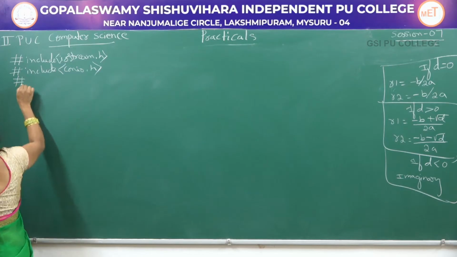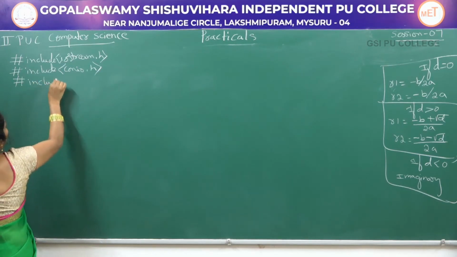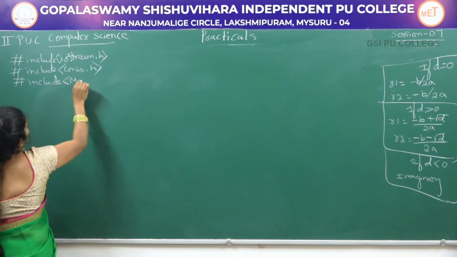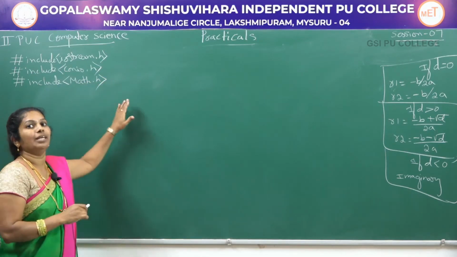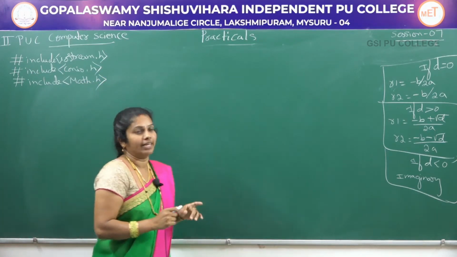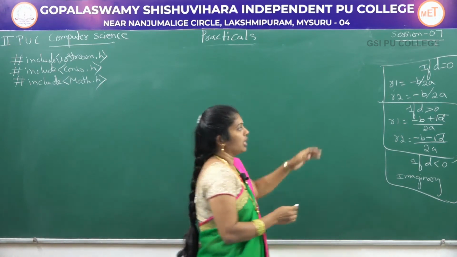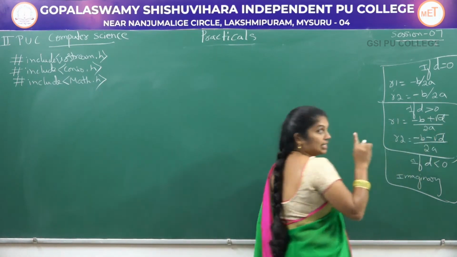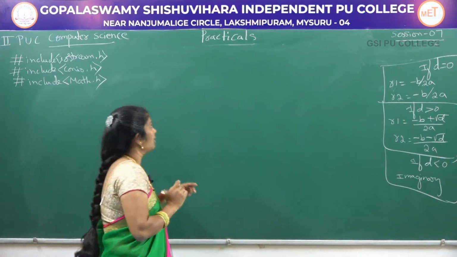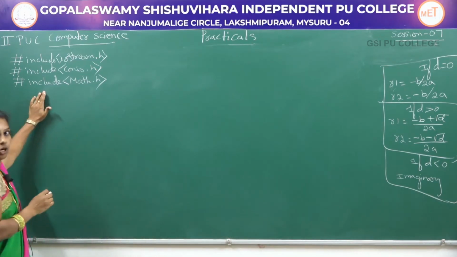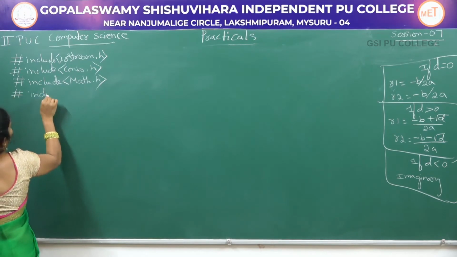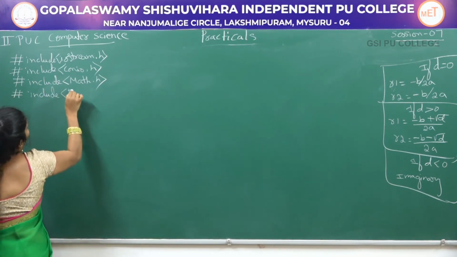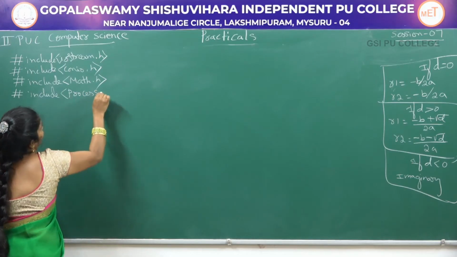The next header file, hash include math.h. This is a supporting header file for mathematical functions, because in the program we are using sqrt, that is square root. Next header file, hash include process.h.